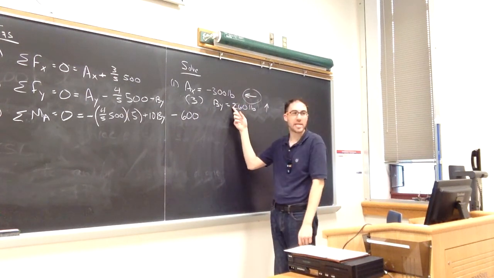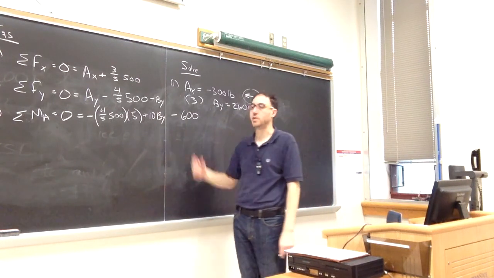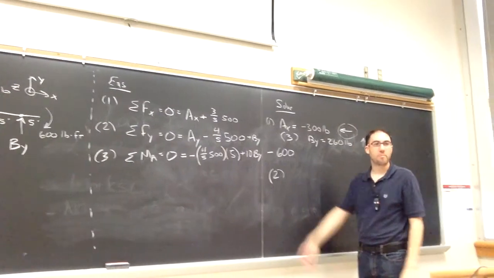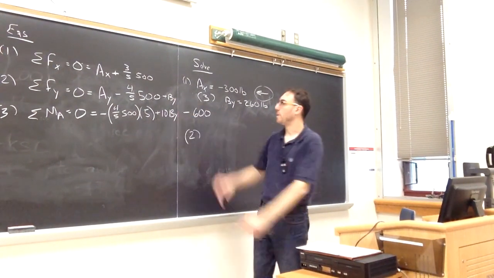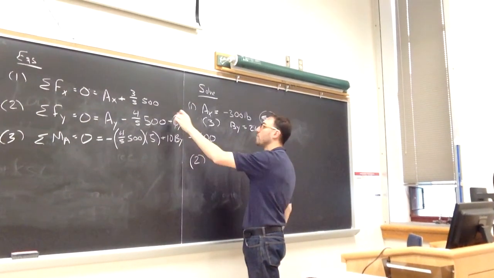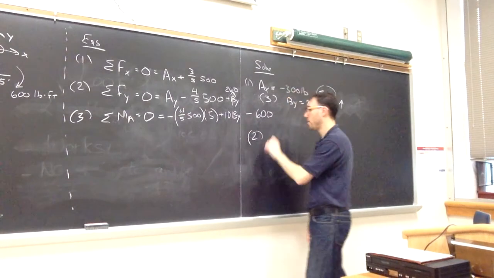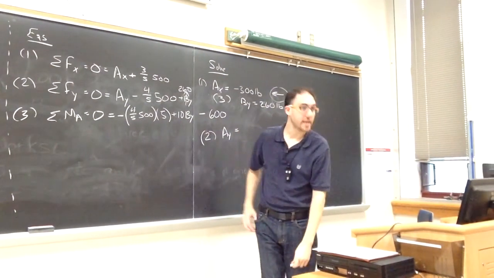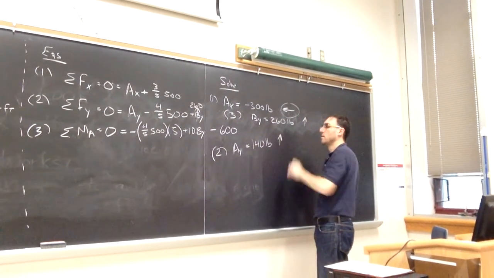So if we came up with a negative here, something went wrong or it's not a feasible situation. Now that we know BY from equation 3, we come back up to equation 2. We plug in the value of positive 260 here. And AY is the only thing we don't know. AY is 140 pounds, also up.